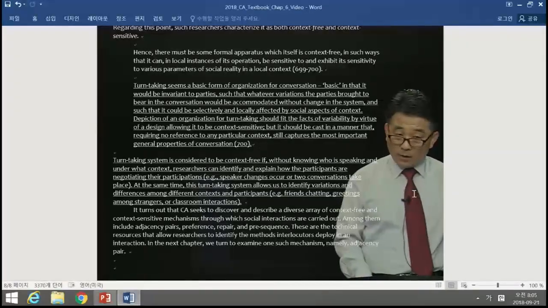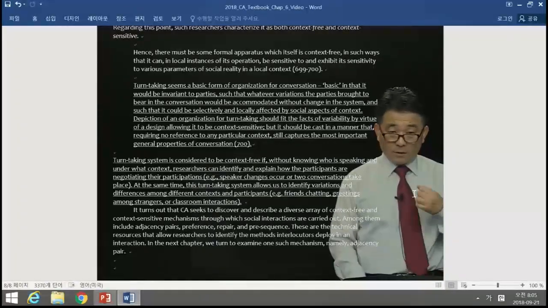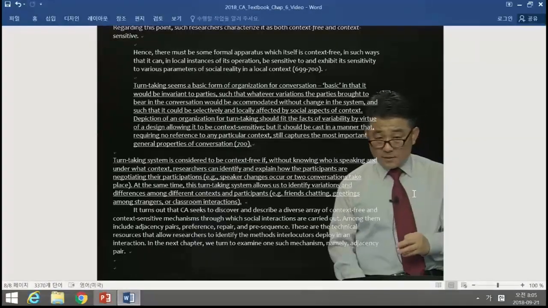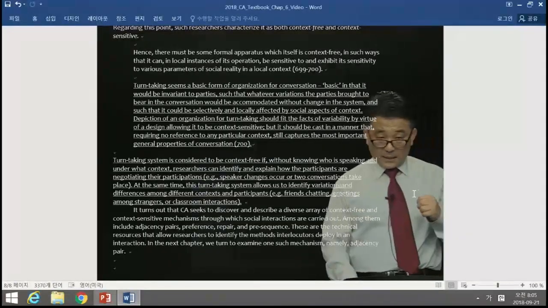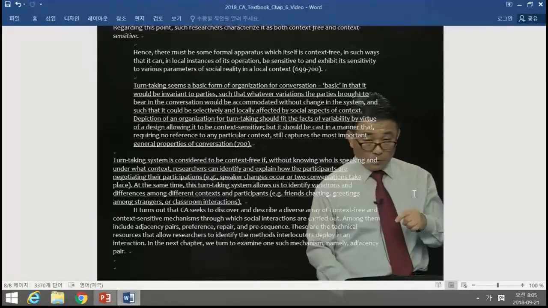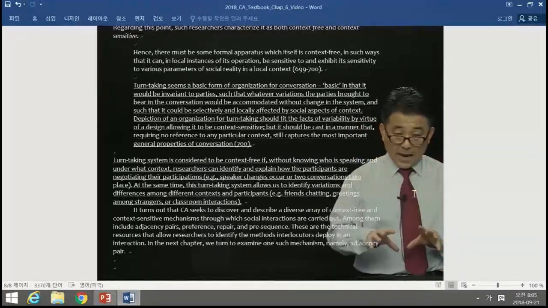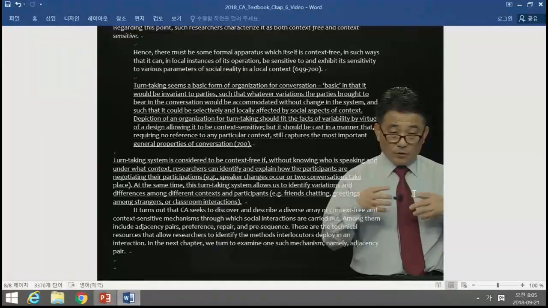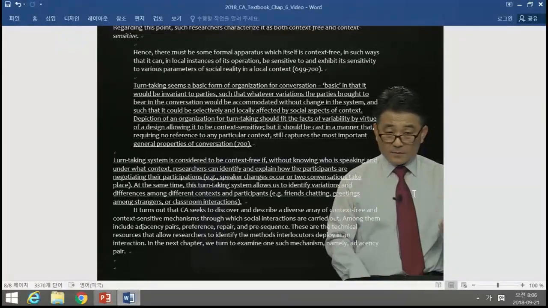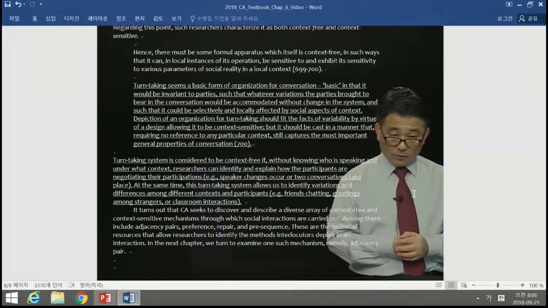And then later on, other researchers found preference, adjacency pair, and so on. So in this chapter, in this book, we'll examine a few of those mechanisms so that you can use them to analyze some distinctive data that you're going to work with.